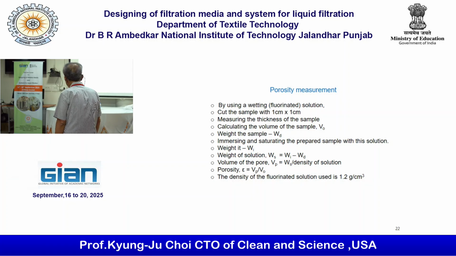You have to use a wetting solution. Cut 1 centimeter by 1 centimeter, and measure the thickness of the sample. Then calculate the volume and weight of the sample, immerse it into the wetting solution, weigh it, and weigh the solution and the volume of pore, and then you can calculate the porosity that way. So it's quite simple.